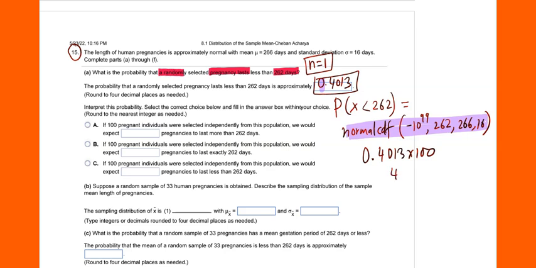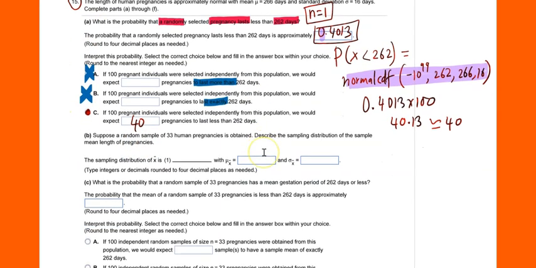You get 40.13, which is about 40. So in this case, you choose answer C. Read the option: if 100 pregnant individuals were selected independently from this population, we would expect 40 pregnancies to last less than 262 days. The others say exactly, which is not correct, or more than, which is not correct. Therefore the answer is C for question number 15.